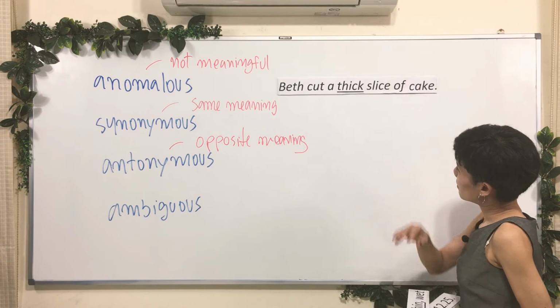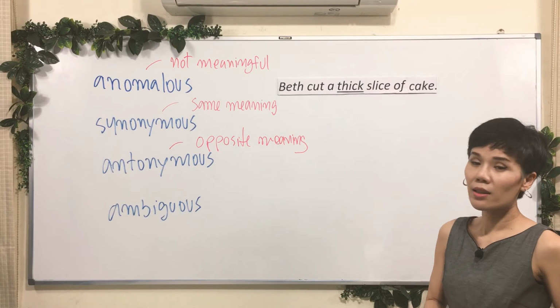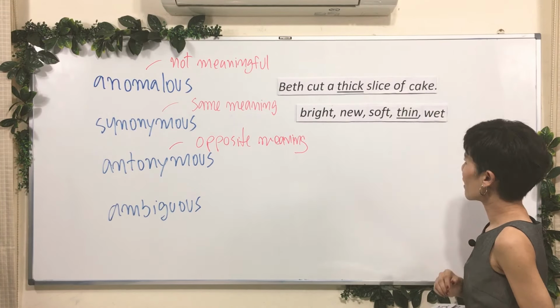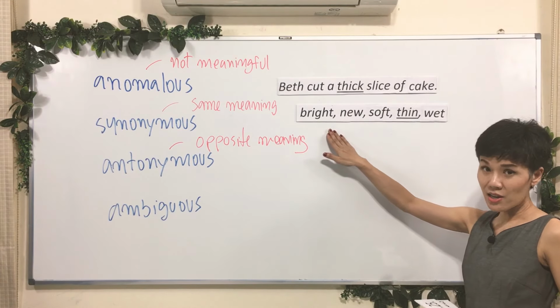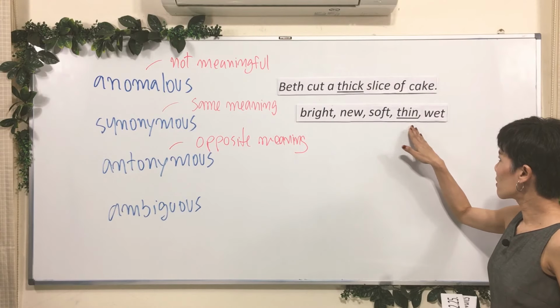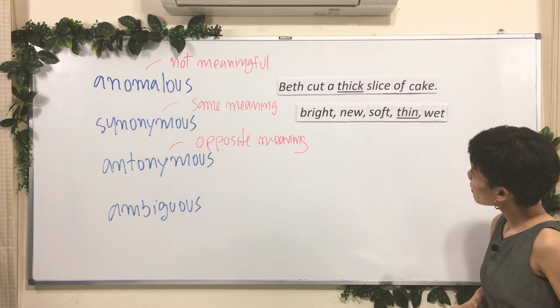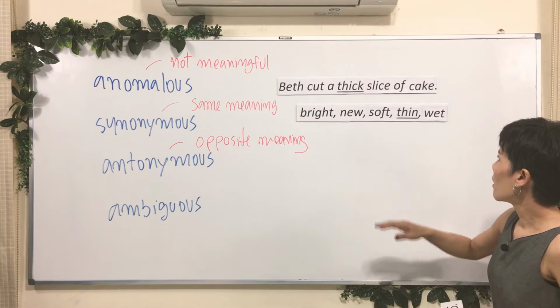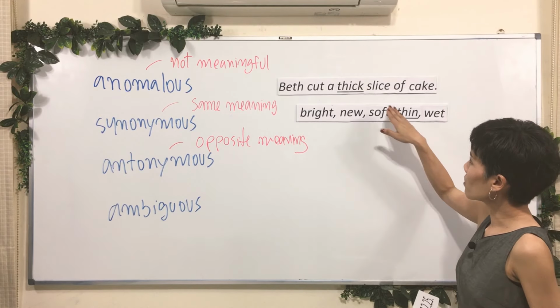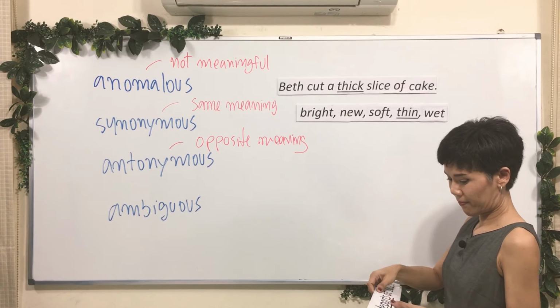First, I got this sentence: Beth cut a thick slice of cake. And I have these 5 words: the word bright, new, soft, thin, and weight. Here, speakers know that only the word thin has the opposite meaning to the word thick here.